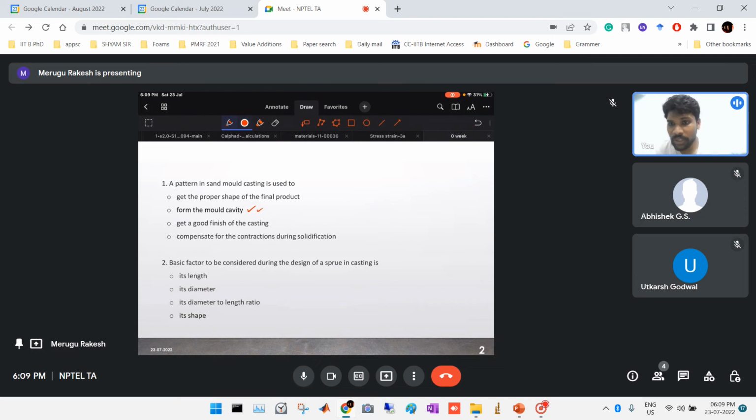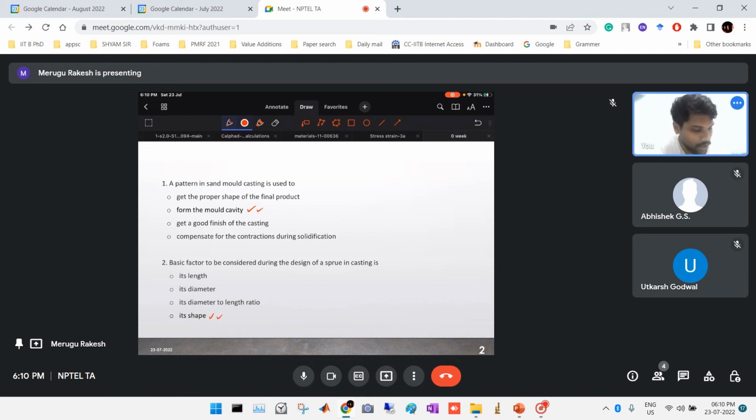The most important thing about the sprue, since we don't have any dimensions, is its shape. The most economical shape is the conical one, but it is not easy to produce in castings. So mostly we opt for the cylindrical shape of the sprue.